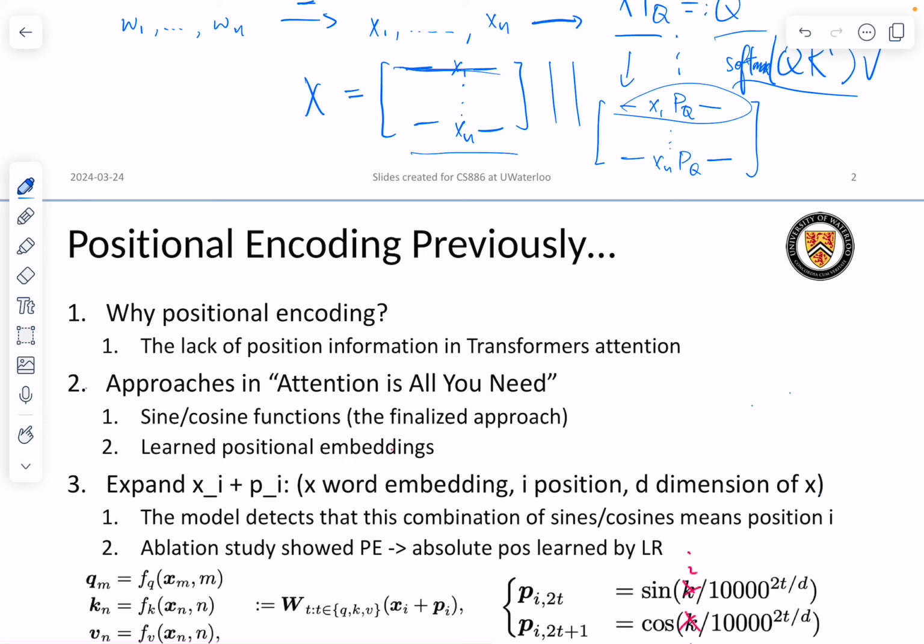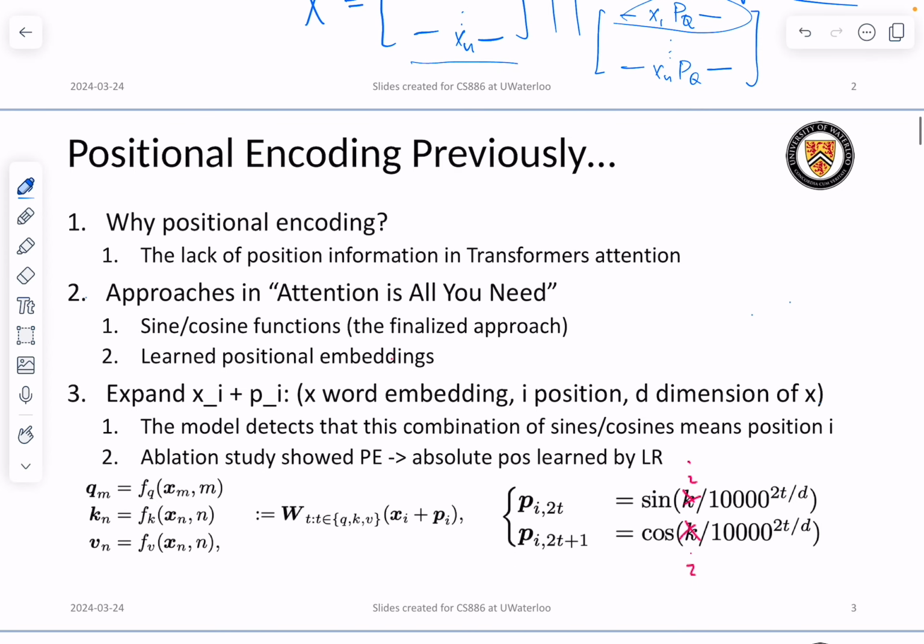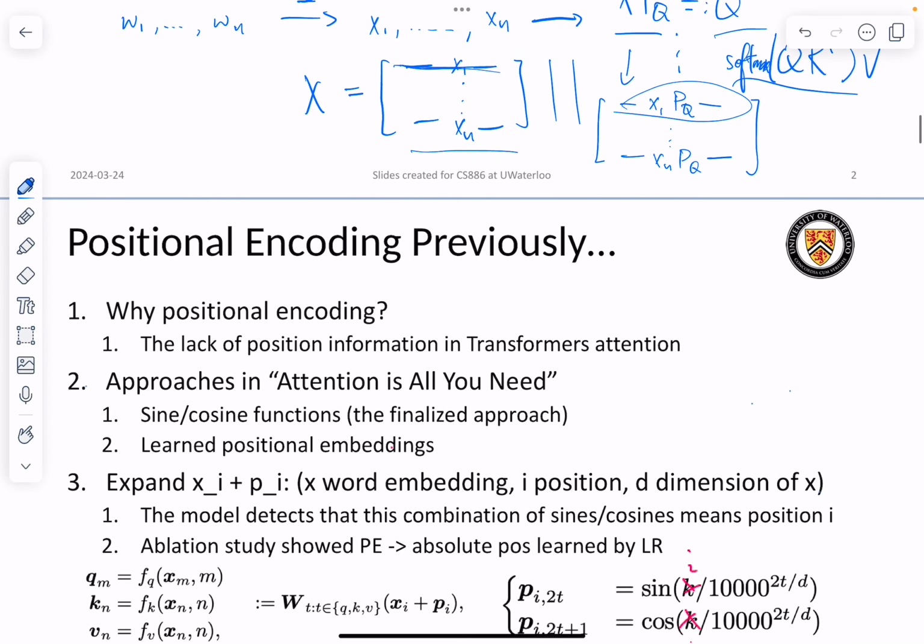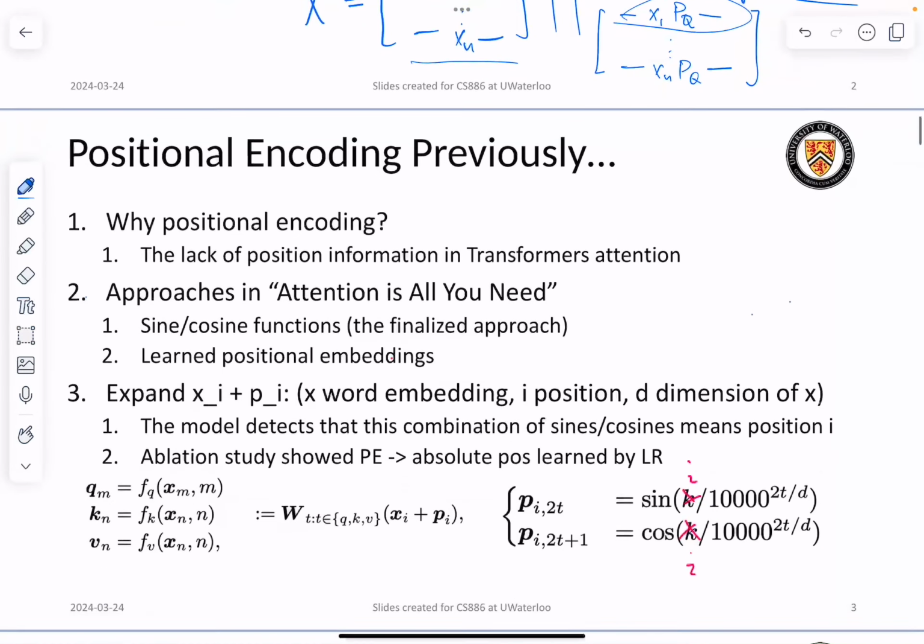Just to give you a brief on the other approach covered in Attention Is All You Need, there were learned positional embeddings that we could apply to each of these words. So let's talk about the sine cosine functions first.